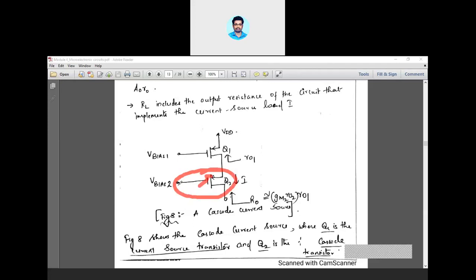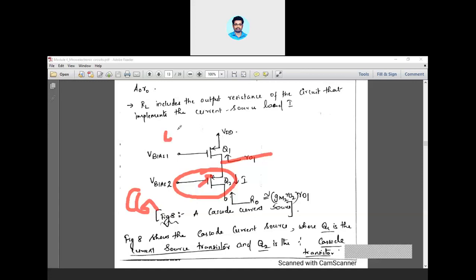Here the gate is common, input is at the source, output is taken from the drain. So this is CG. The lower part of the circuit is CG, whereas in the upper part you are taking the output from the drain. This is drain, this is gate, this is source.